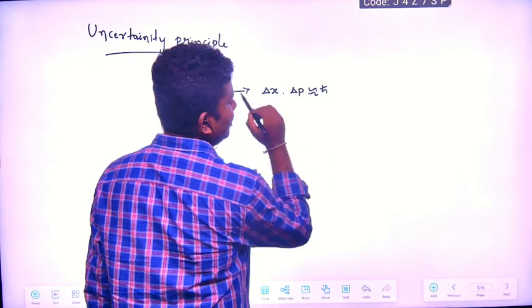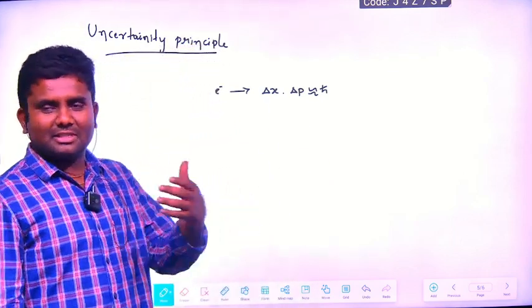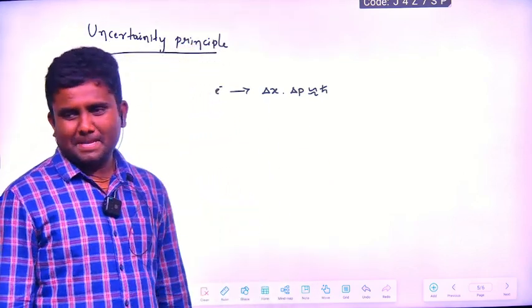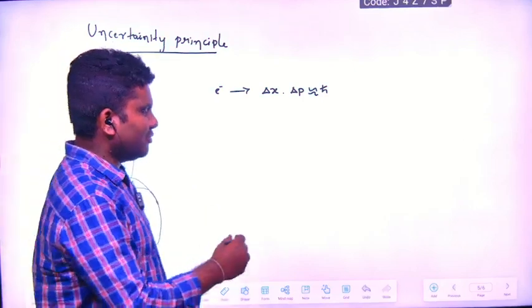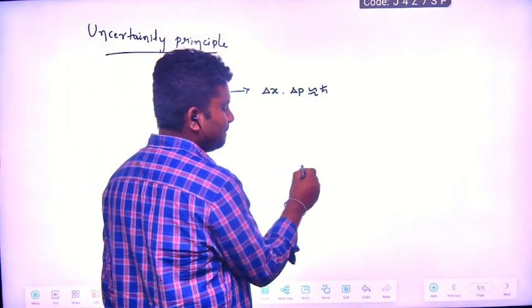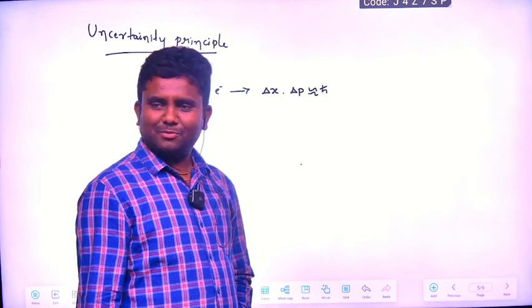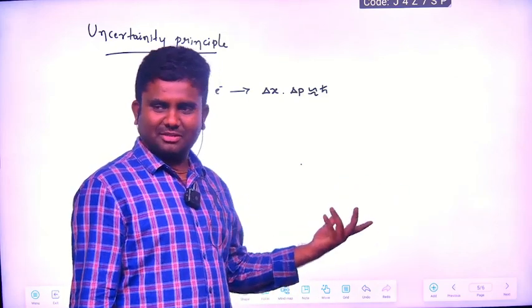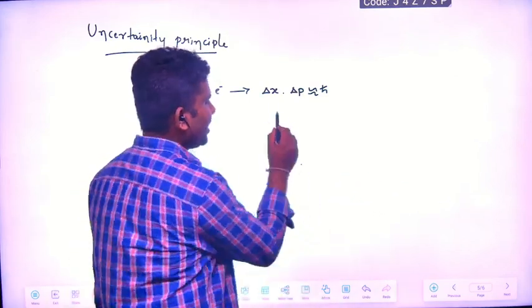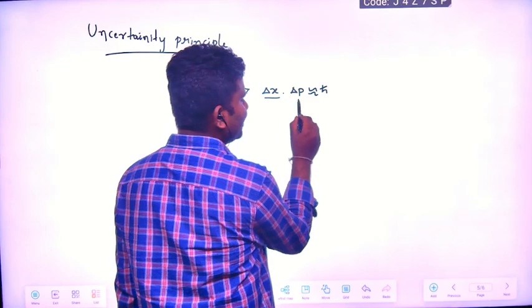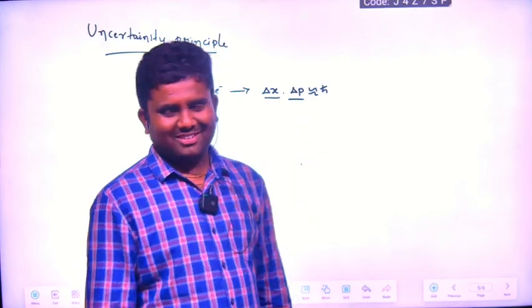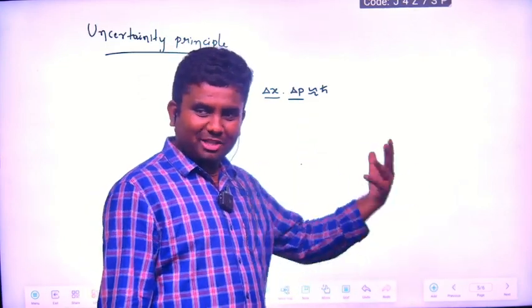That's why it is h cross. If you find the electron's position, then it immediately changes its momentum. You cannot find any one quantity. If you find one, the other quantity will change.